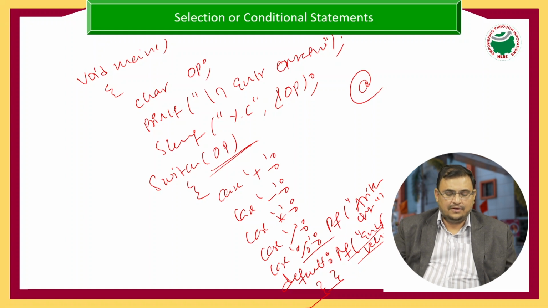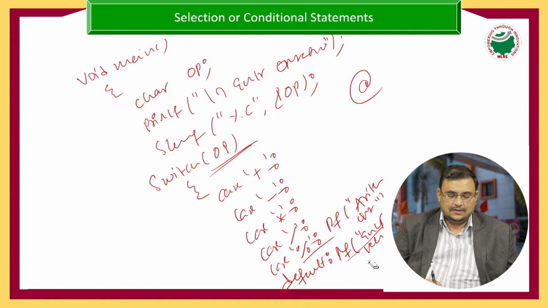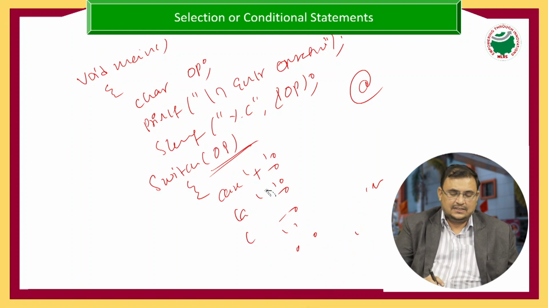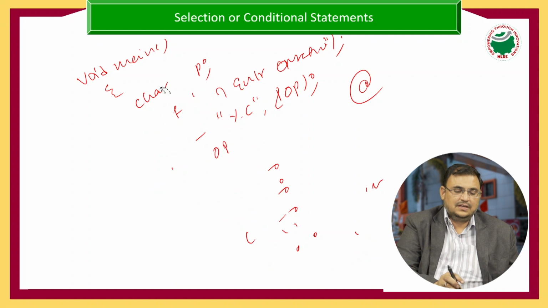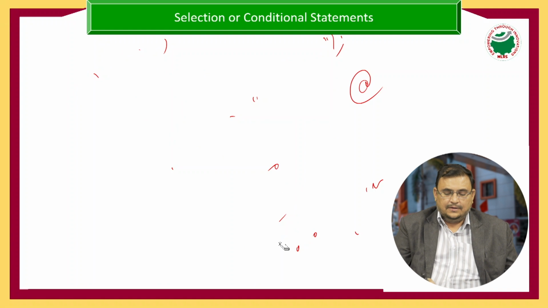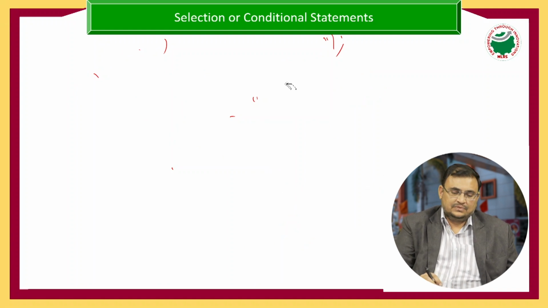Last one we have is the goto statement. Goto is an unconditional statement, and it affects the readability of the language.